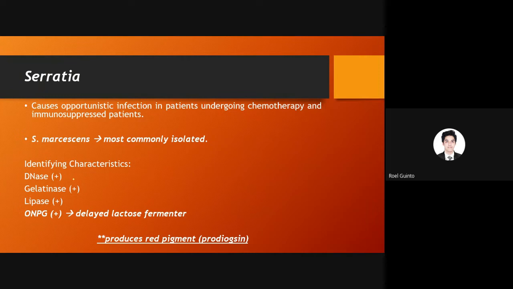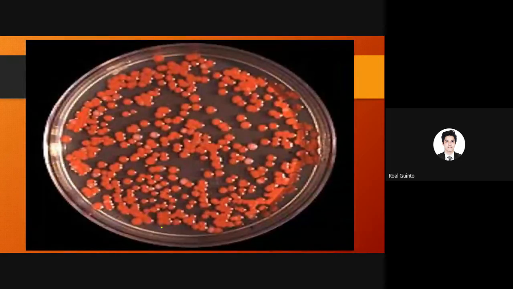DNase positive, gelatinase positive, lipase positive, and of course, ONPG positive. So, delayed lactose fermenter. And sabi natin kanina, that Serratia marcescens has enzyme prodigiosin, which is responsible for the red pigment of the colonies. So this is an example of Serratia marcescens.